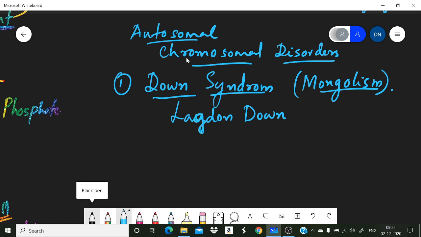So the scientist who discovered Down syndrome is Langdon Down. And it is due to the presence of an extra chromosome on chromosome number 21. Chromosome number 21 has got an extra chromosome.